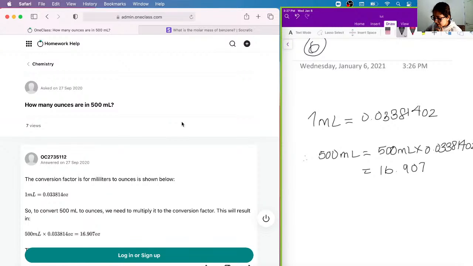So in this case, we're multiplying milliliters by ounces per milliliter. So this is how you would convert the units. Okay. So you're basically saying 500 ml is equivalent to 16.907 ounces.